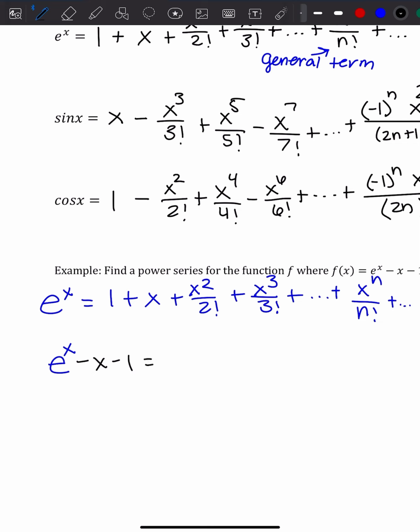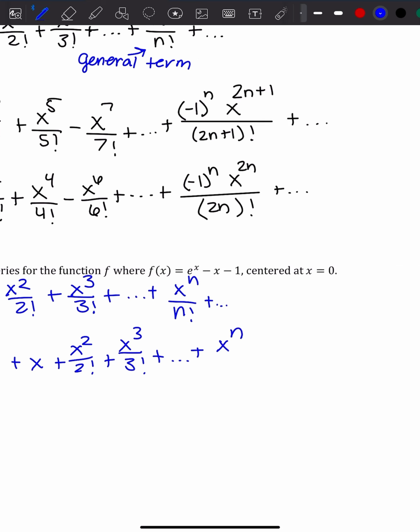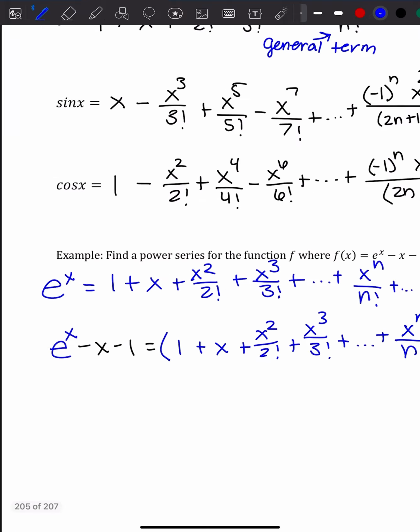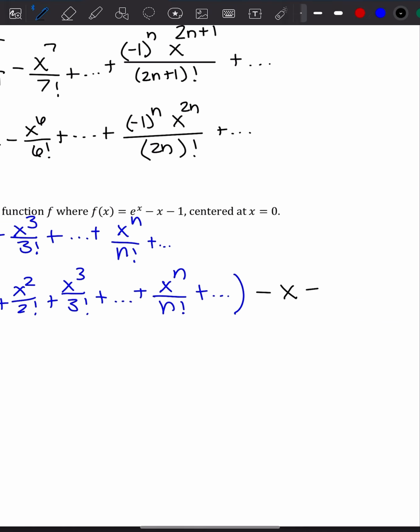So what we're going to do is put in e to the x first. Everything we just wrote, I'm going to write again. Oh, I can't forget the infinite part. Okay, but we still need this minus x and minus 1. So I'm going to add that on to the end, minus x minus 1.